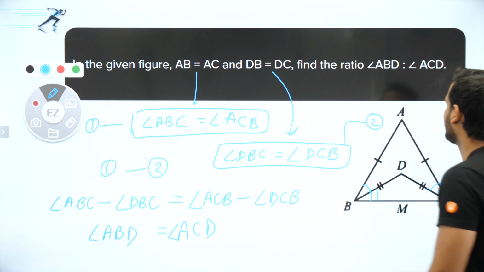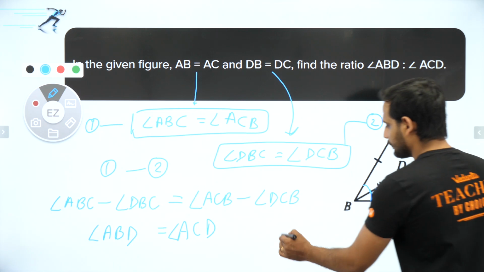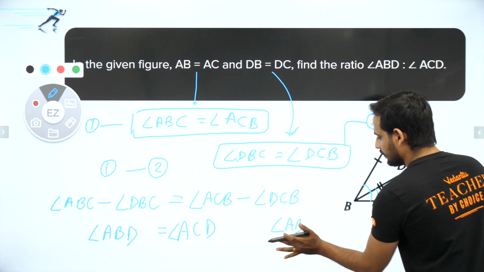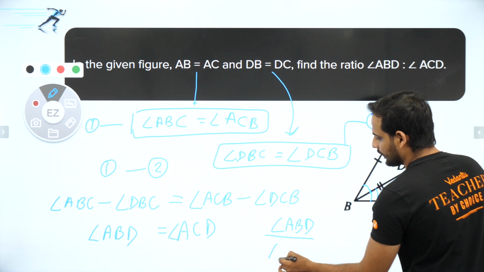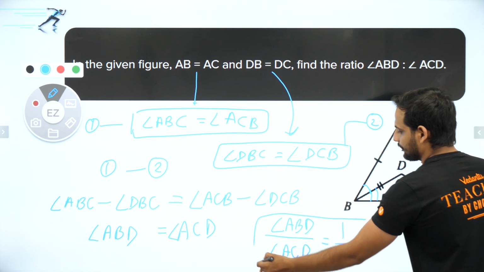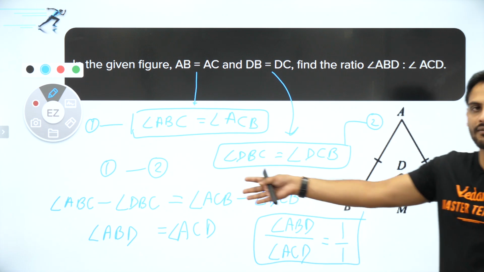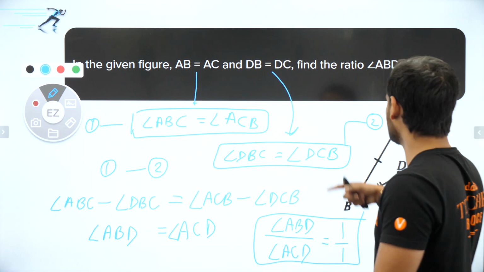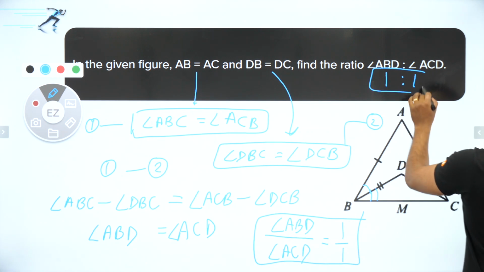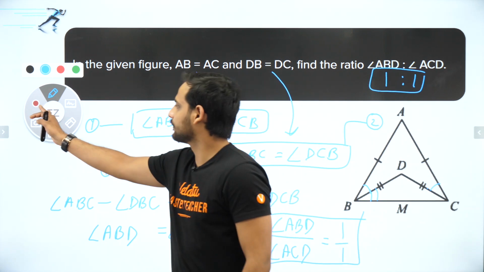Now you want to find the ratio, so let's shift it to division. You'll get angle ABD upon angle ACD is equal to 1 by 1. So the ratio is 1:1. Understood? This is how the question is solved.